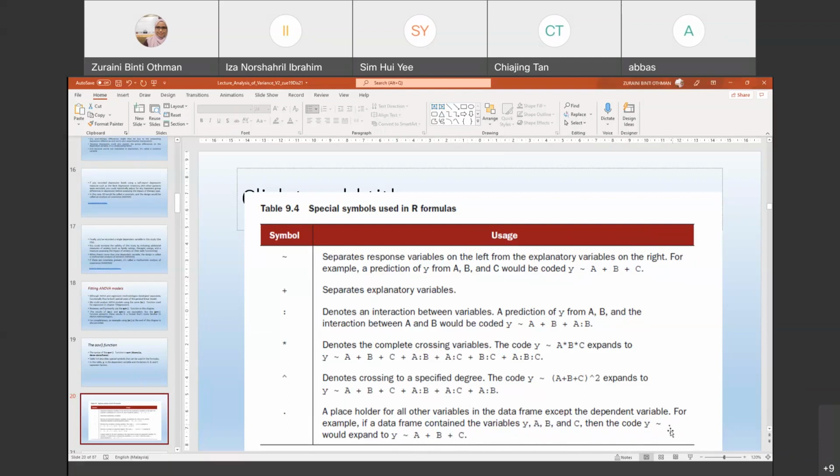We just put dot, which contains all variables in the data frame, to predict Y. Okay, any question for this?